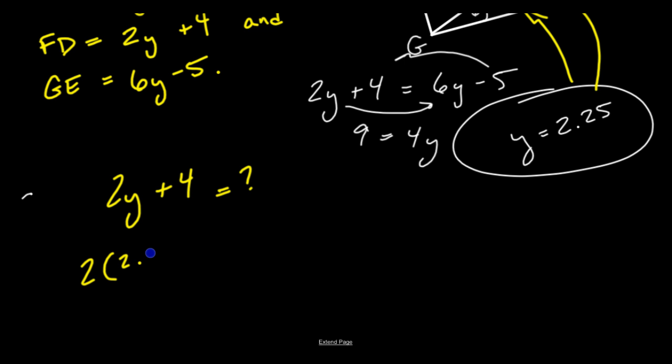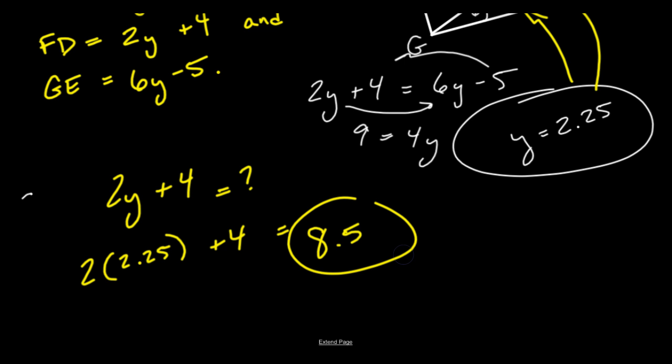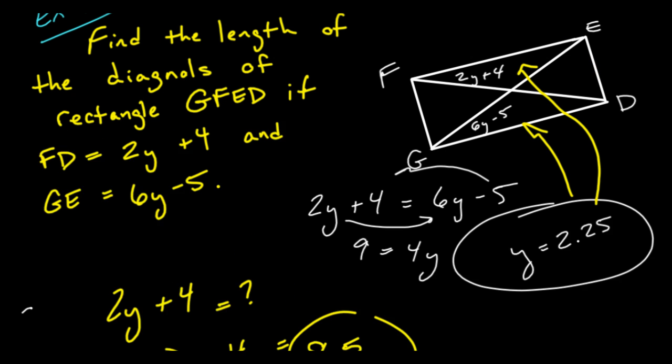Let's go ahead and plug in 2.25 for that. 2 times 2.25 is going to give us 4.5 plus 4 equals a grand total of 8.5. Which means the length of FD is 8.5.